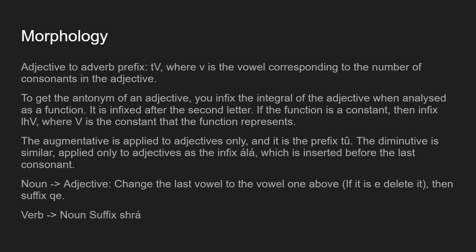The diminutive is similar, but only applied to adjectives as the infix alla, which is inserted before the last consonant. Now to adjective, change the last vowel to the vowel one above it. So if the vowel represents 0, then you would change it to u, which represents 1. If it's delete it, then suffix. And verb to noun, you simply suffix shra.